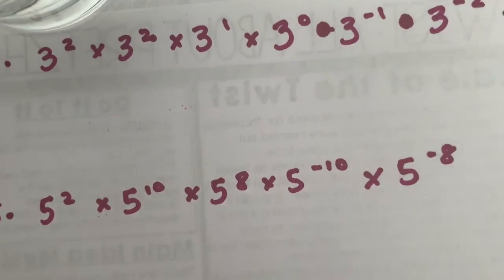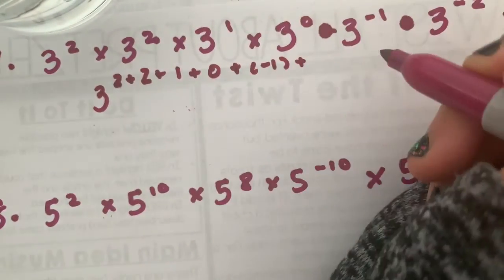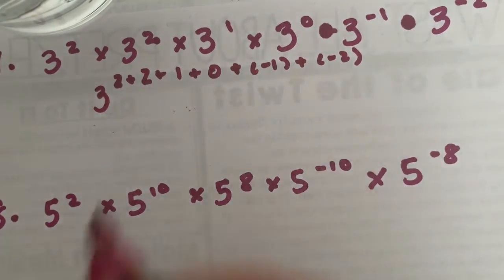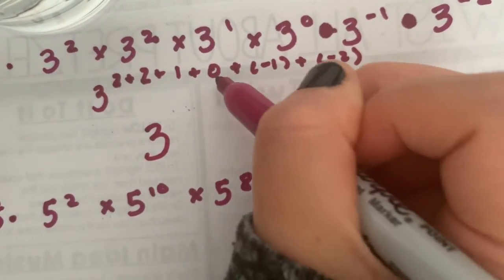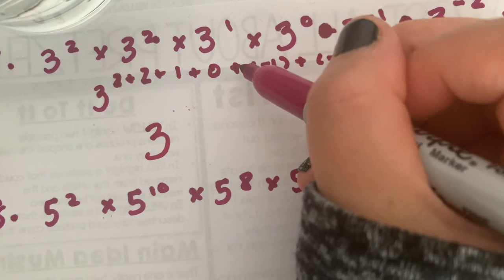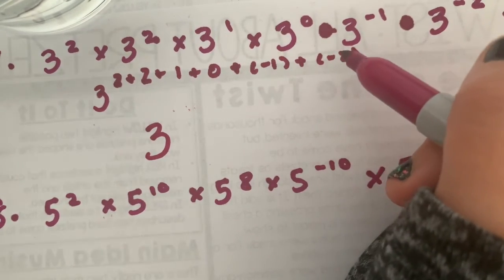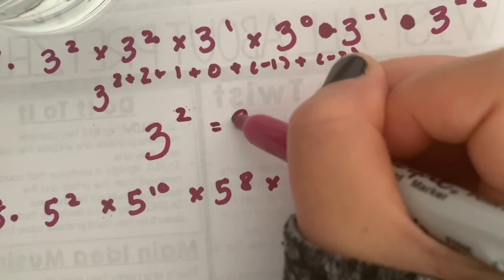You have 2 plus 2 plus 1 plus 0 plus -1 plus -2. 2 plus 2 is 4, plus 1 is 5, plus 0 is 5, plus -1 is 4, plus -2 is 2. So you should get 3 squared, which is 9.